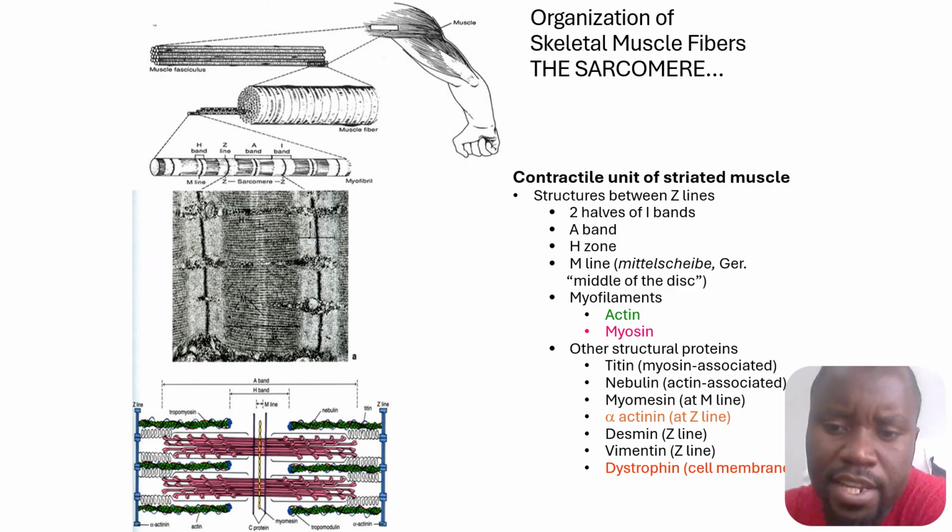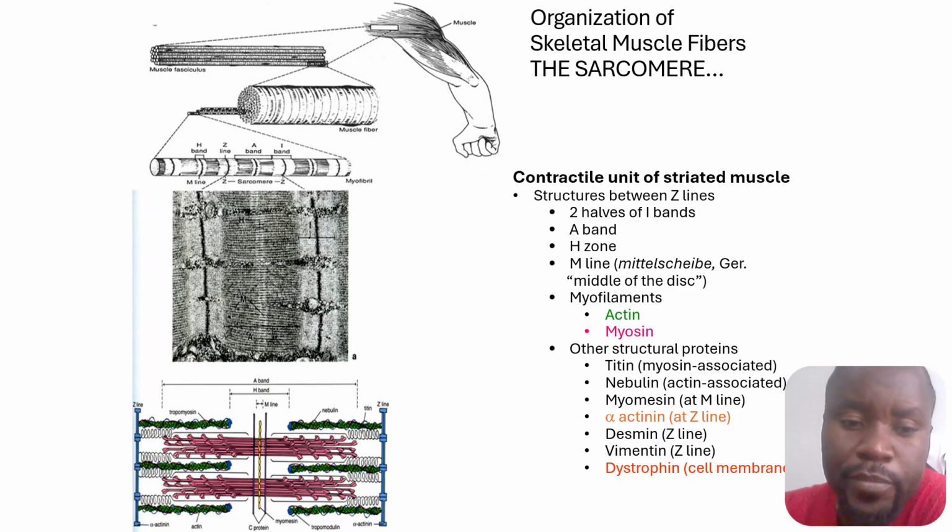The repeated arrangement of sarcomeres is what gives the skeletal muscle its striated appearance. You have the Z lines where the actin are anchored, and you have the center where the myosin are anchored.